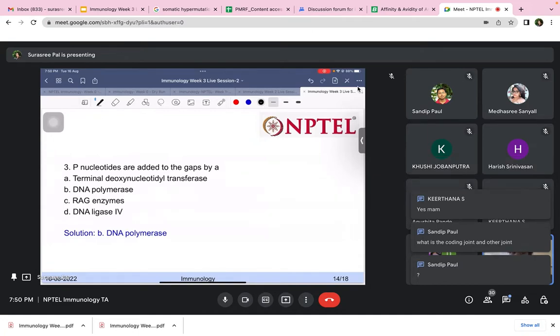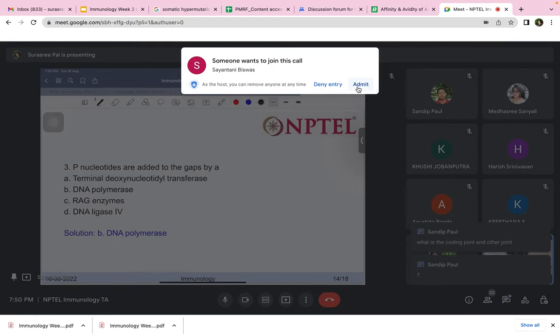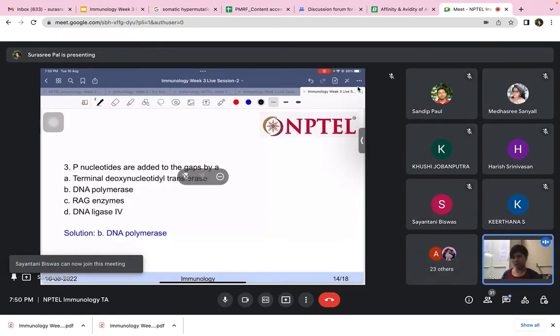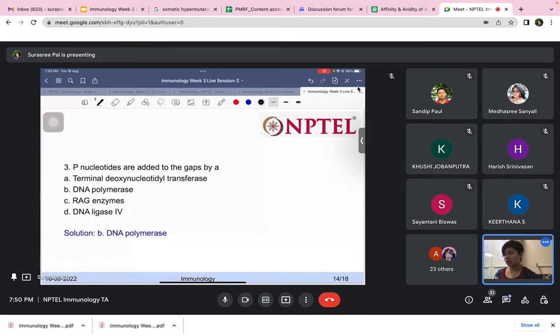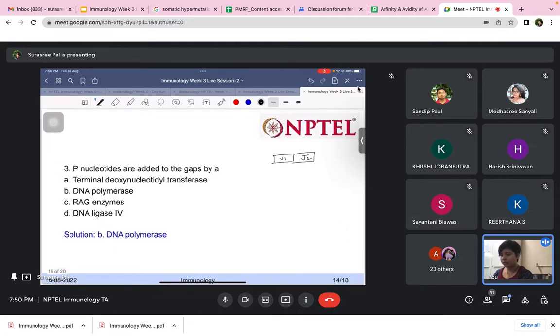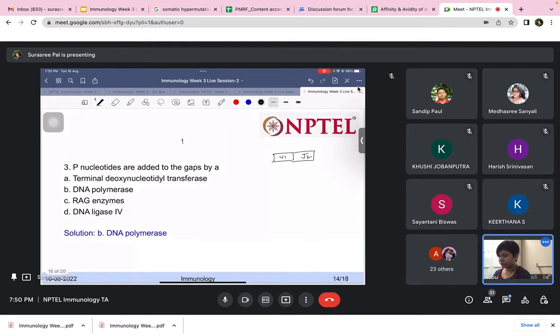The coding joint and the signal joint. I did not go through the recombination process in detail, due to the lack of time. But in this recombination process, suppose the recombination is taking place between the V and the J segments, say V1 and J2. So what happens first?